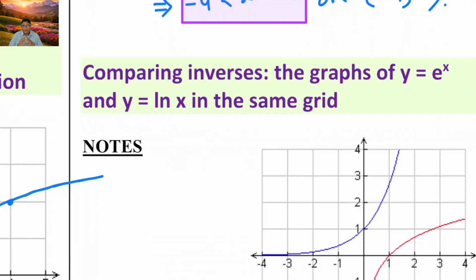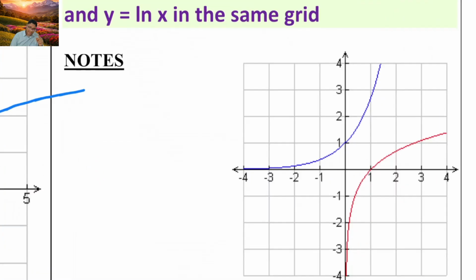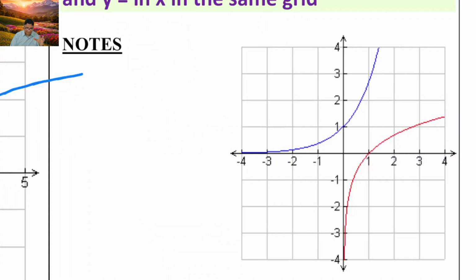Next, we will compare the graphs of the exponential function and its exact inverse, the logarithmic function, with the same base. They are not just inverse in idea, they are actually inverse functions. We want to look at their graphs in the same grid.